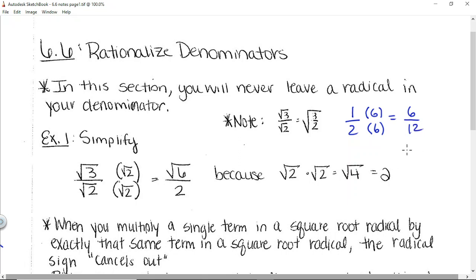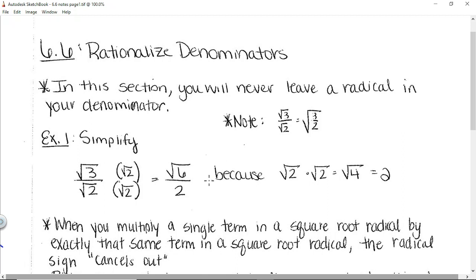You have not changed it. You can always multiply the numerator and the denominator by the same number, and you're not changing it. But it has to be the same number. You can't just multiply the denominator by what you want to multiply it by and ignore the numerator. You have to multiply the numerator by that number as well.